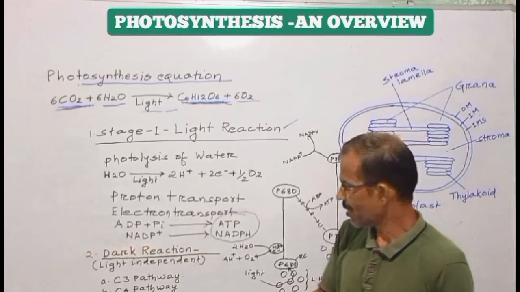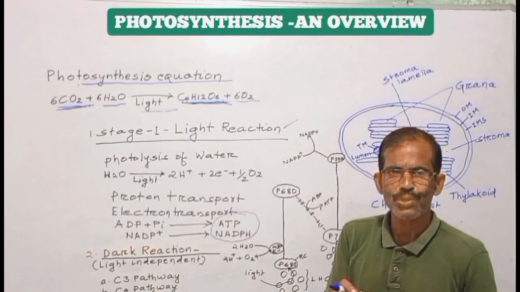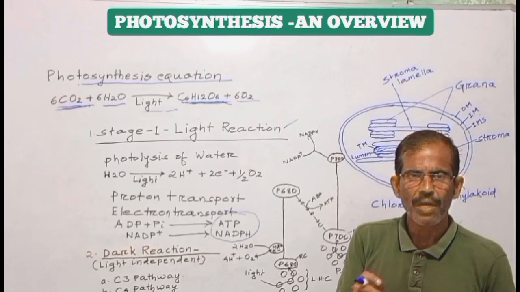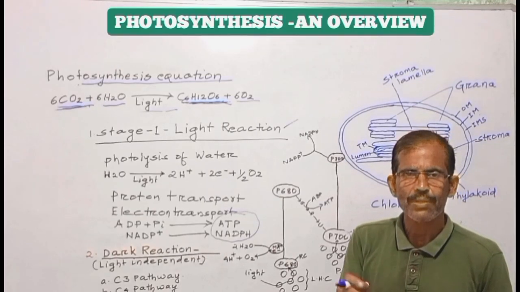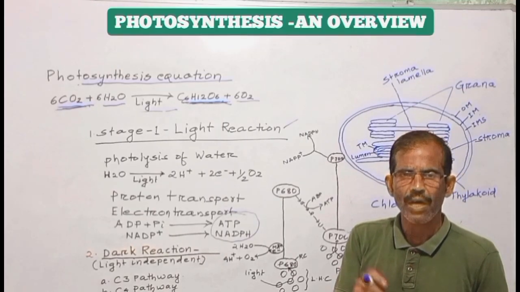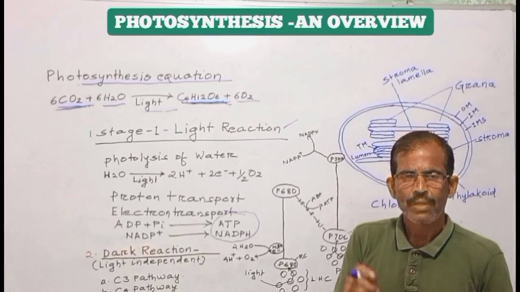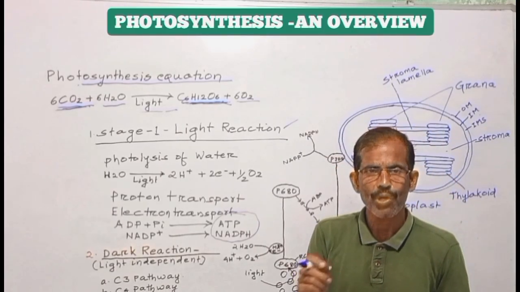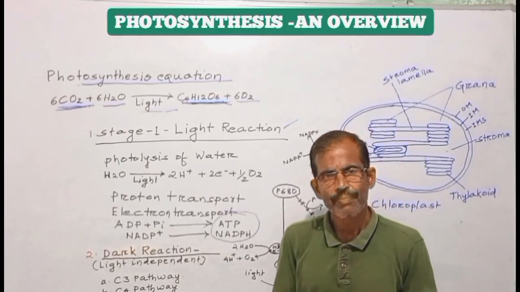Second stage is dark reaction, which is light independent. The name dark reaction doesn't mean that it occurs only during dark at night. Dark reaction occurs only during daytime, whether the light is available or not.